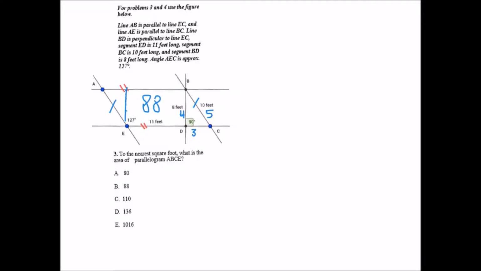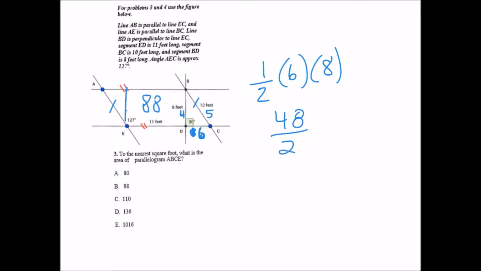But since you didn't divide them by 2, this is 8, this is 10, so this side right here is going to be 6. And because it's going to be 6, then 1/2 the base of 6 times the height of 8 is going to give you 48 divided by 2, or 24 for each triangle.